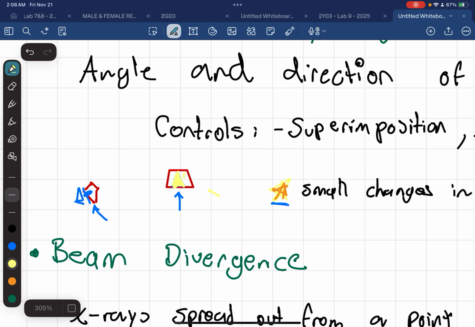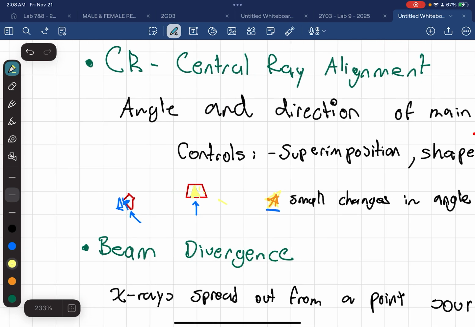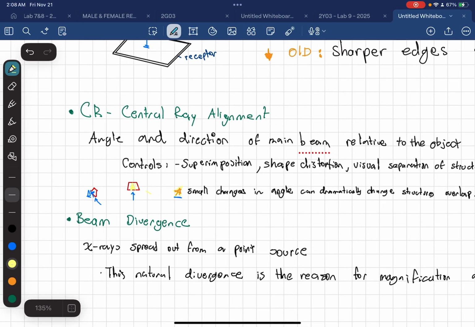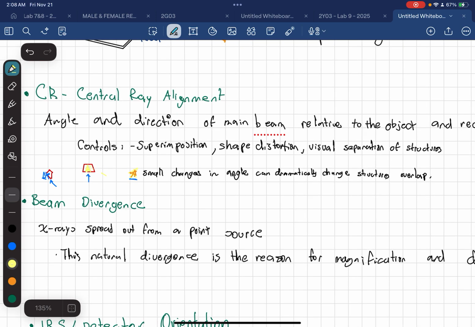So we're probably not going to be able to see this triangle, and if there is any distance from this triangle to the back figure, it's just going to be superimposing, like if it was one. And if we create any angle, that's going to give visual separation of the structures.